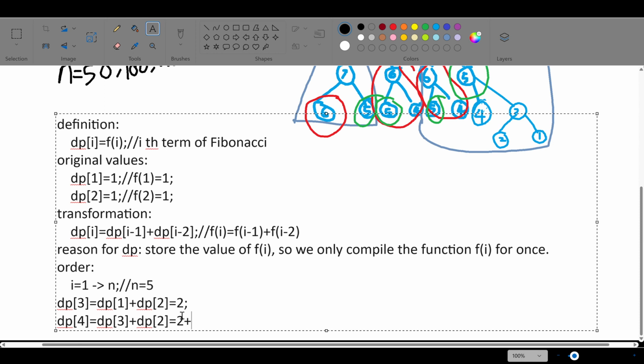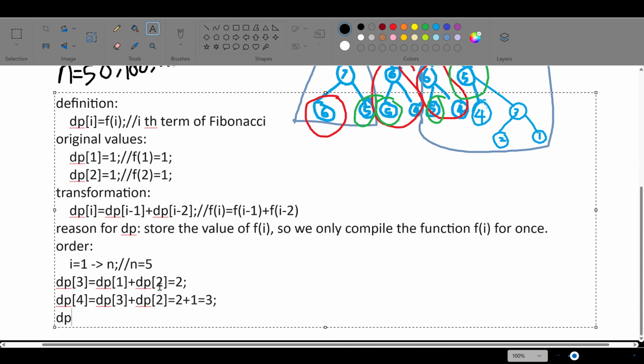Now we're tempted to run the f function again, the recursive function. However, we already have dp3 and dp2. dp3 is just 2, so we don't have to do anything. We just call the array and look at the value when i is equal to 3. So dp3 is 2, and dp2 is 1. So dp4 is just 3.